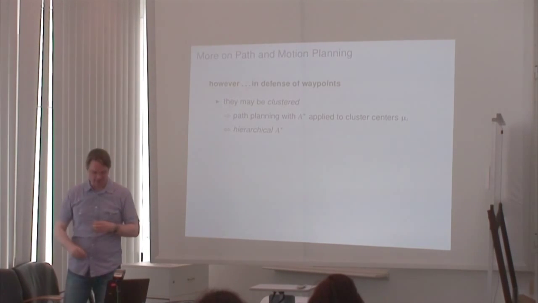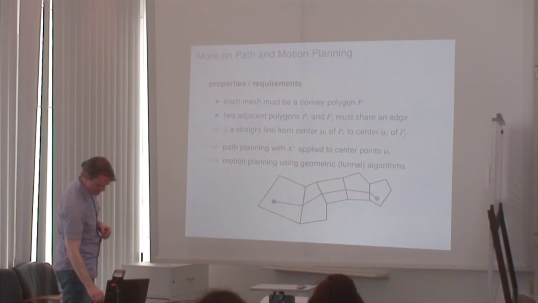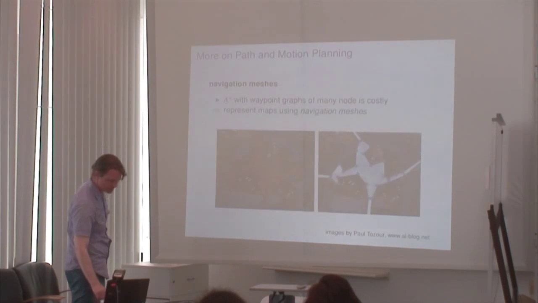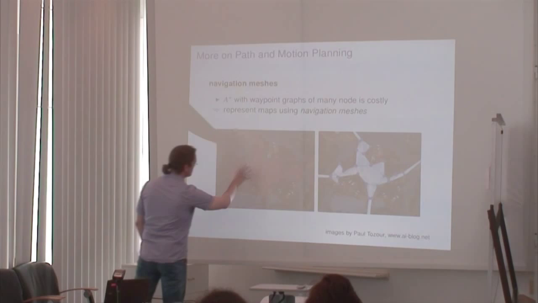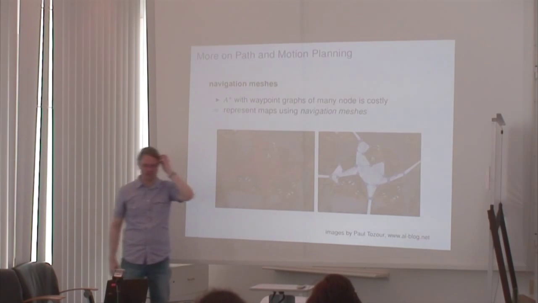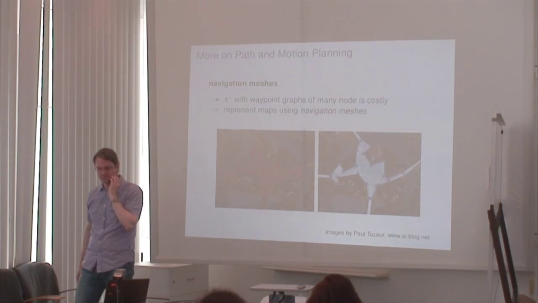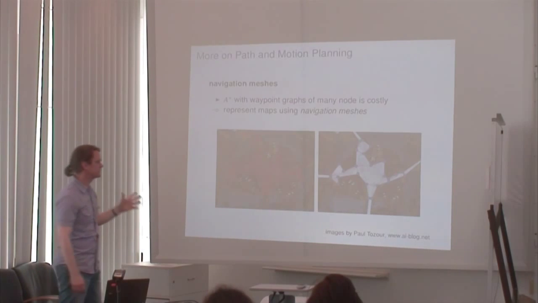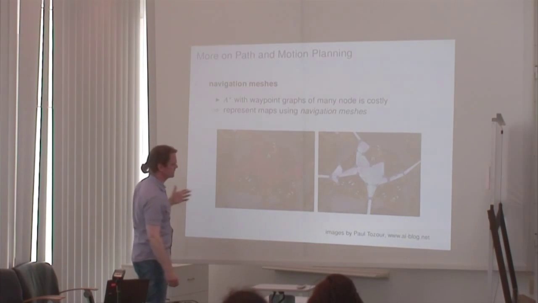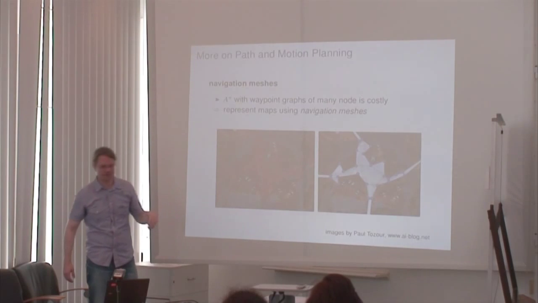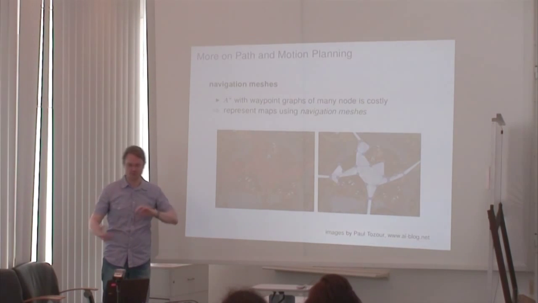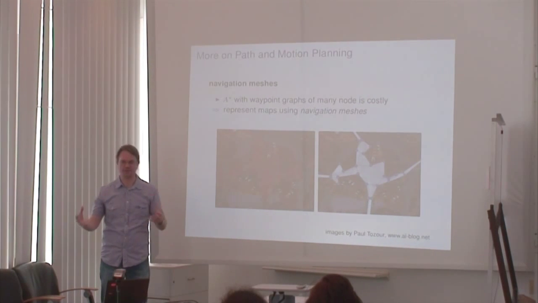And the issue with this difference between waypoint graphs and navigation meshes is, in my eyes, the perfect example of the fact that there is something going wrong in the communication between academia and industry here.